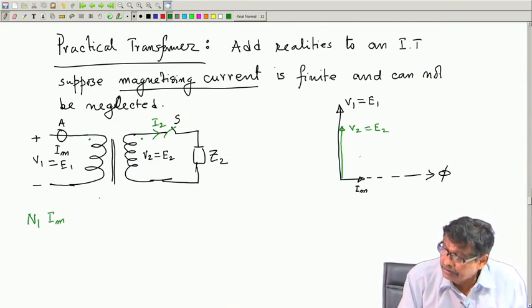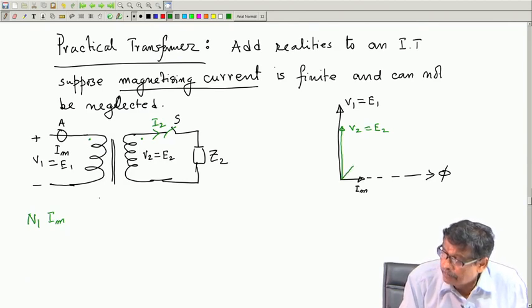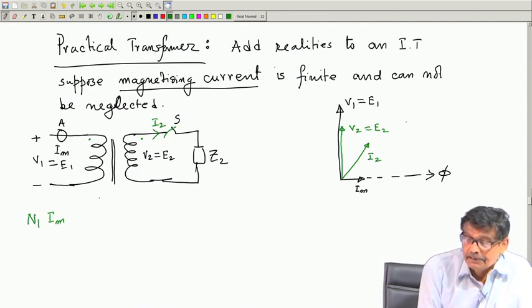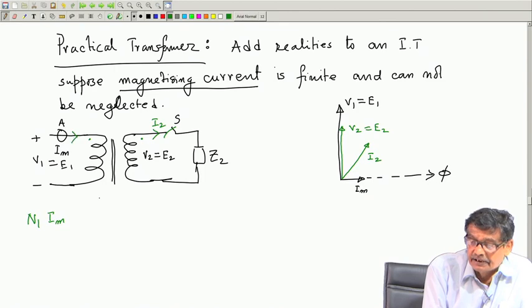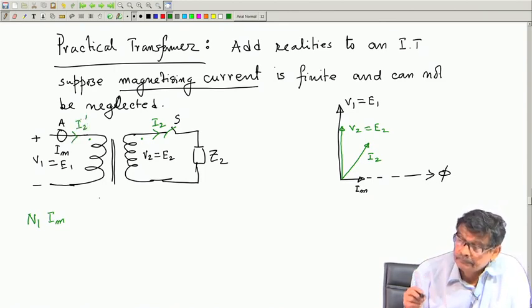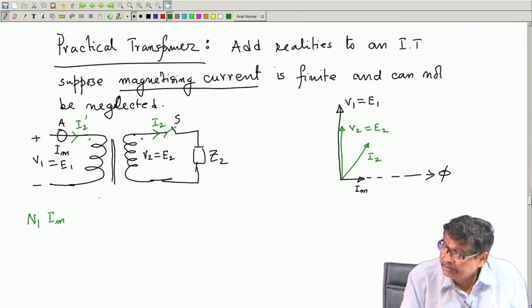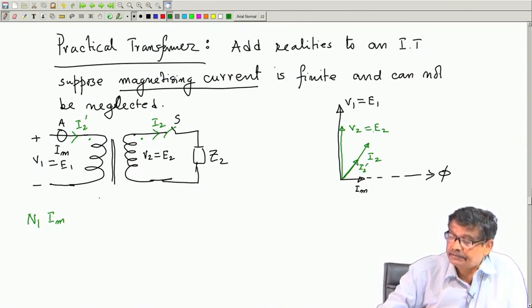Therefore, if you close it, depending upon the power factor angle, I 2 will be here. But the primary immediately will draw an additional current I 2 dashed. I have assumed the low voltage side to be this. So, I 2 dashed will be of lesser length, the high voltage side current is less, I 2 dashed.